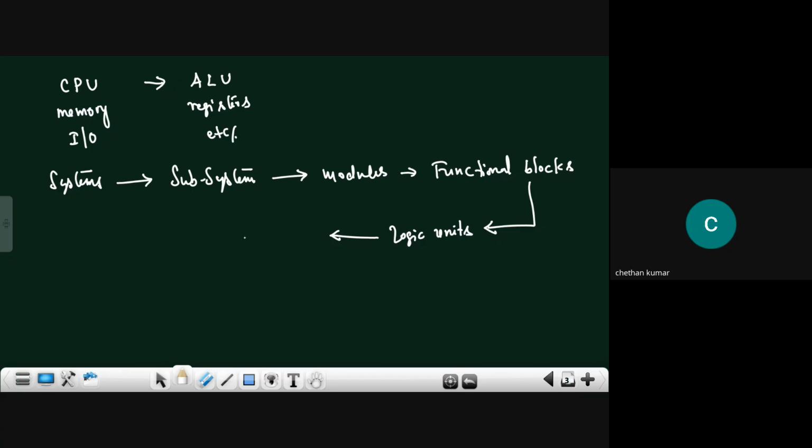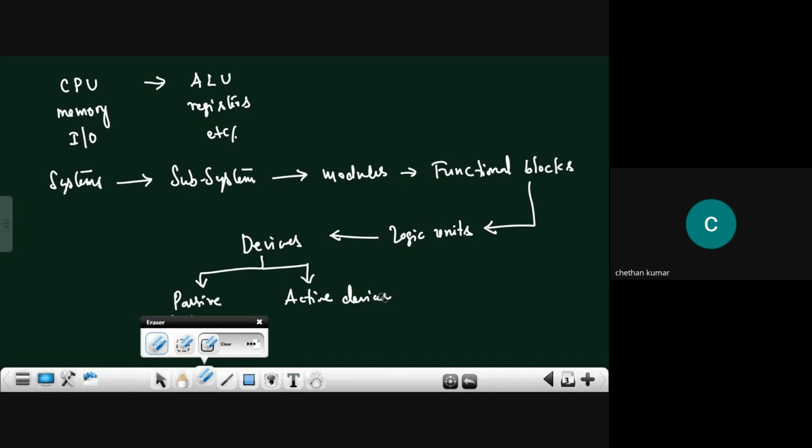That is nothing but devices. What devices? They may be passive devices or active devices, or you can call them passive components and active components.